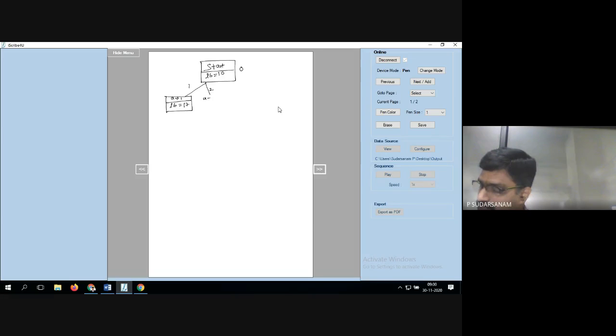Second one is A is equal to 2, lower bound is equal to 10. Third one, A is equal to 3, lower bound is equal to 20. Tell me if I am copying the previous values wrong, please let me know. A is equal to 4, lower bound is equal to 18.